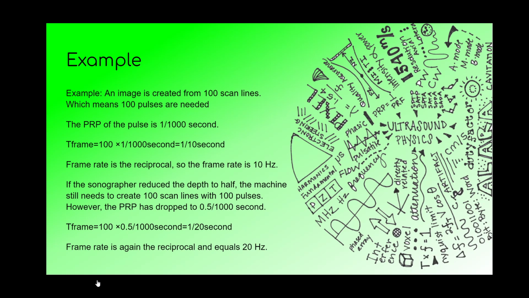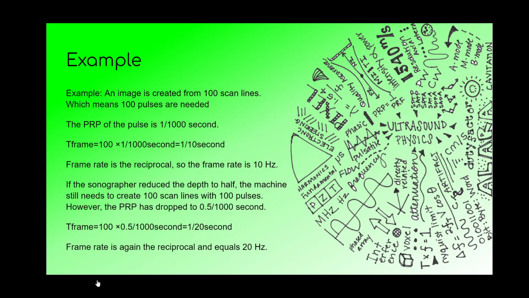Say the sonographer then reduces the depth to half of what it was. The machine still needs to create those 100 scan lines with 100 pulses, but now the PRP is half of what it was, so it's 0.5 of 1/1000th of a second. If we do the math, plugging those numbers into our formula, the T-frame has now reduced to 1/20th of a second, which increases our frame rate to 20 hertz.